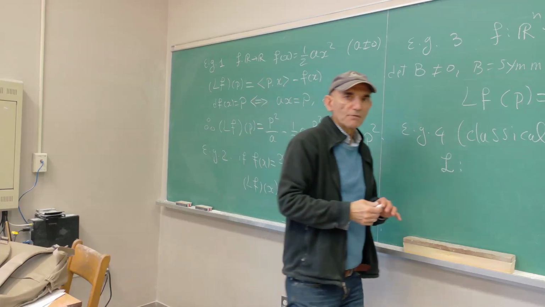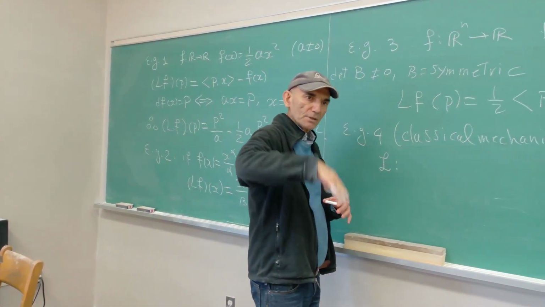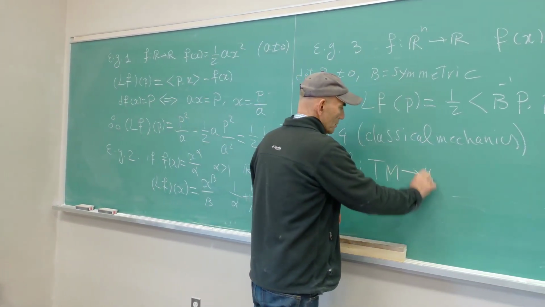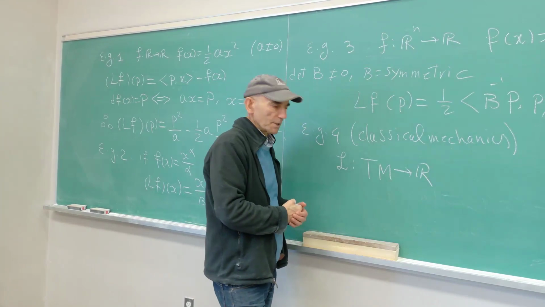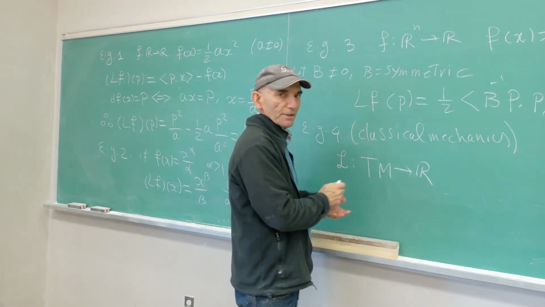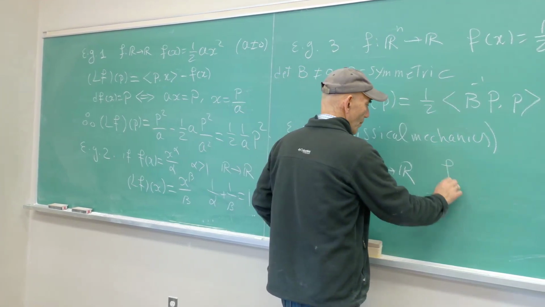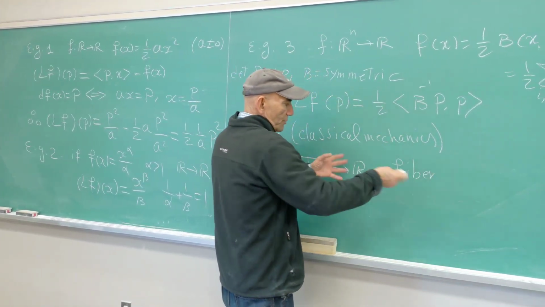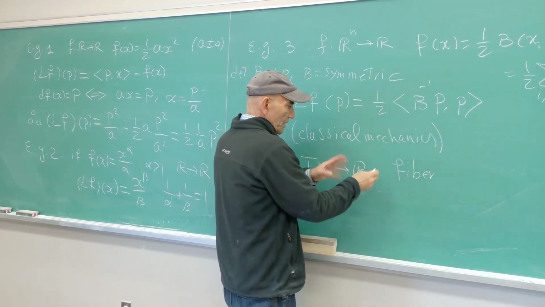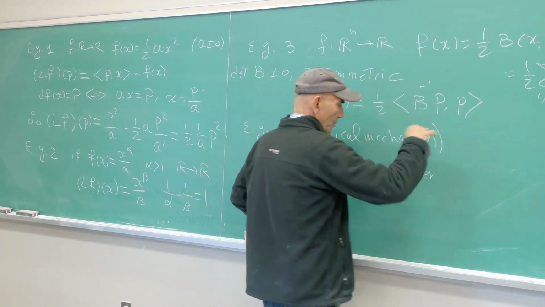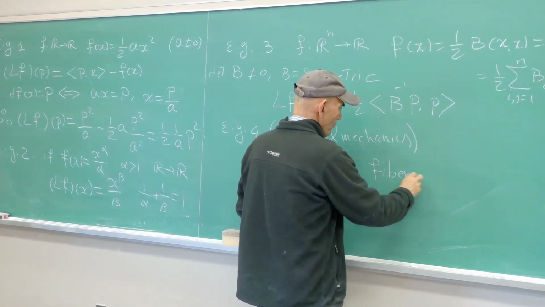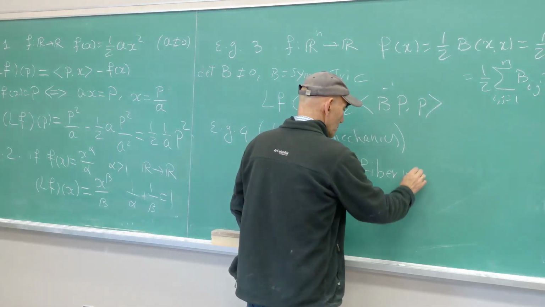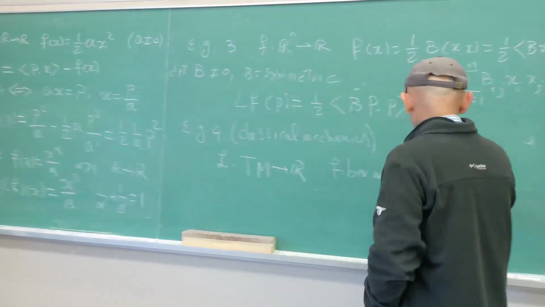So we can think of it as a function on the tangent bundle to R^n, from TM to R. This is a tangent bundle thing. So we apply the fiber-wise Legendre transform. We apply it to fibers only. We don't apply it to the x coordinate, the q coordinate, only to the q dot coordinate, the fibers, the tangent direction.